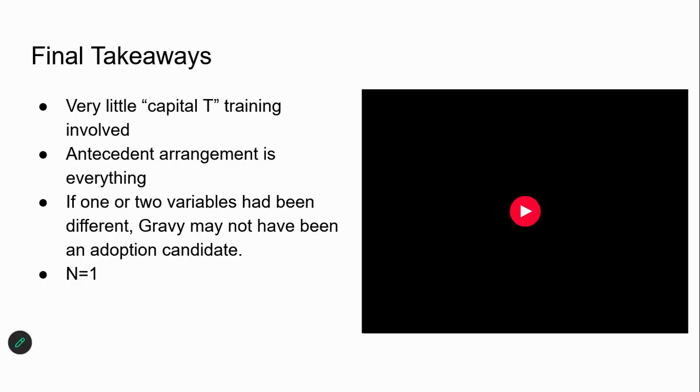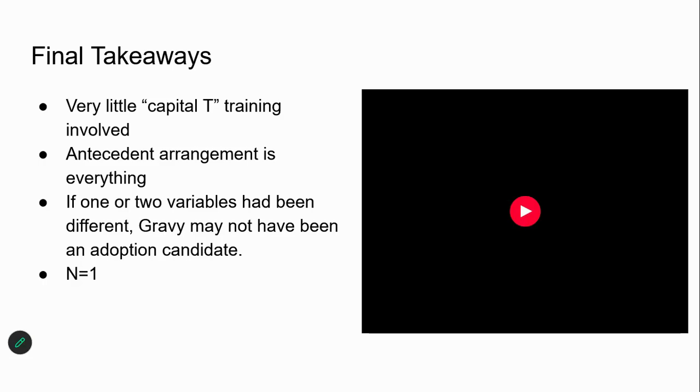This intervention had almost none of that kind of training. It was very much based in helping Gravy learn how to regulate on his own. Antecedent arrangement, which is an academic way of saying how you set up your space, was like 90% of how we handled Gravy and how we got him to a successful outcome.